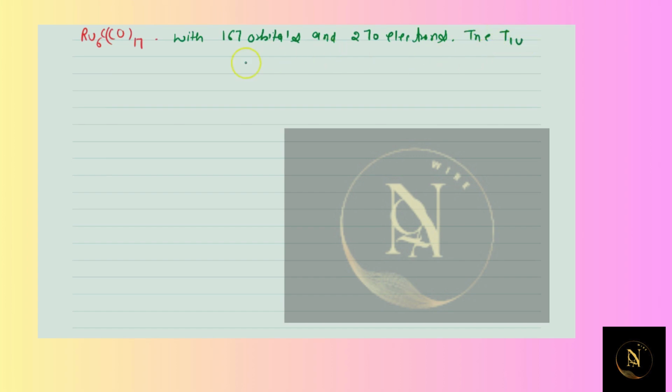The T1U and the T2G orbitals are shown in the Huckel calculation.